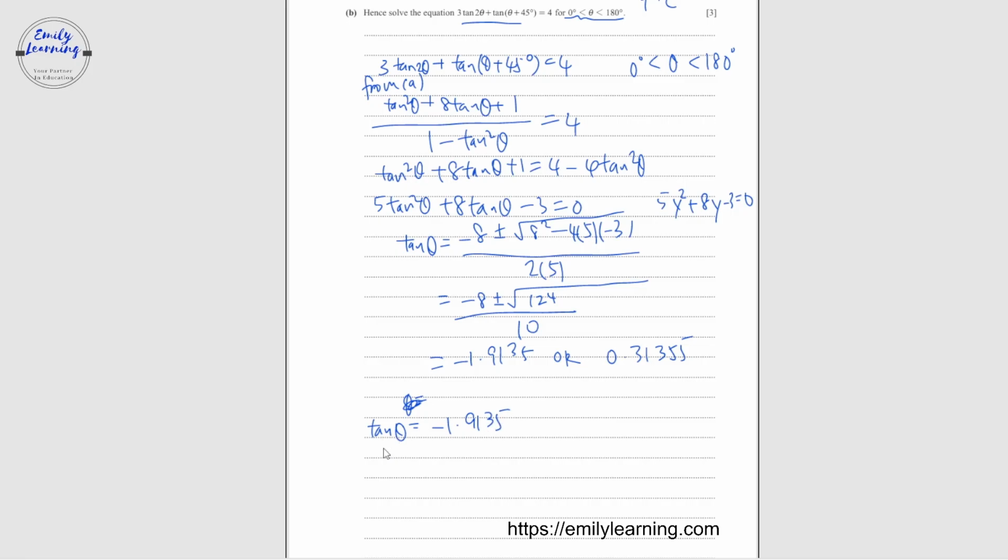I know that for this one, theta is in the second quadrant, but let's first find the basic acute angle of theta based on this. So I'll ignore the negative sign.